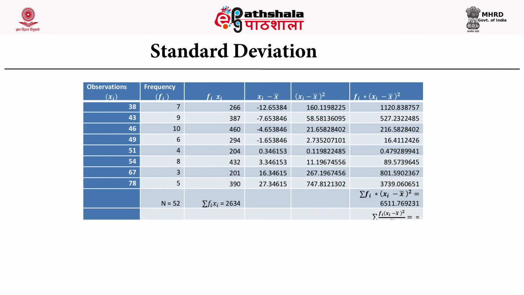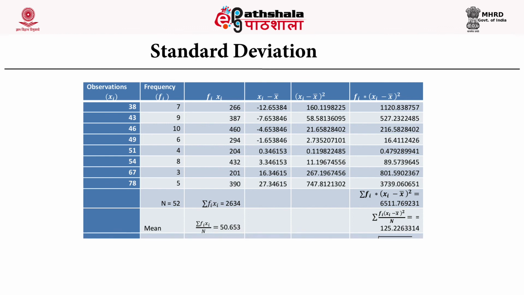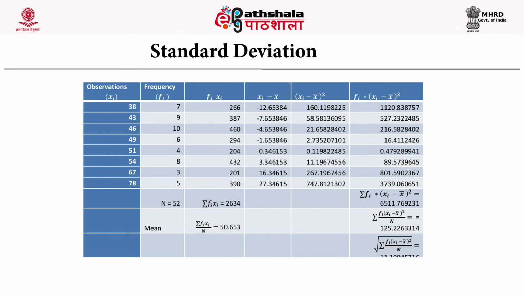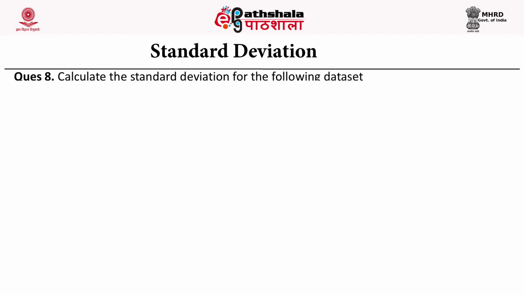We are interested in the summation of all these values, shown as 6511.7690. After that we divide by capital N and take the square root of this value. The answer comes out to be 11.190,45716.